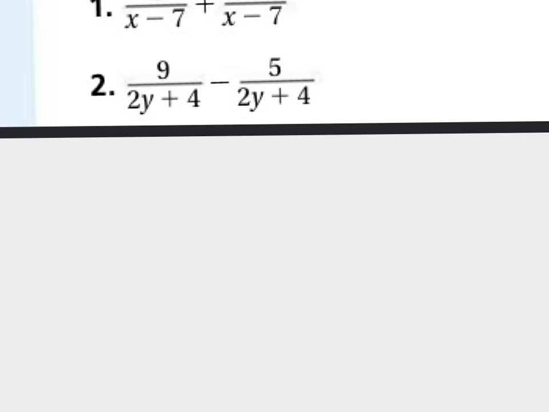In this case, they only have some monomial in the numerator on the second fraction, so there's not quite as much happening here. You can add the opposite there. So then that would give us 4 over 2y plus 4.